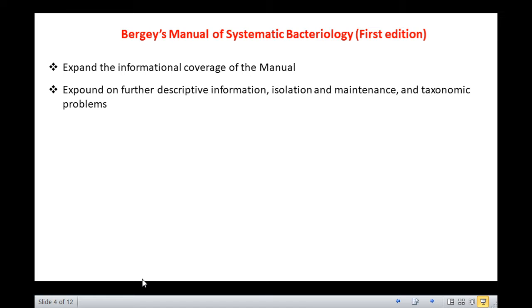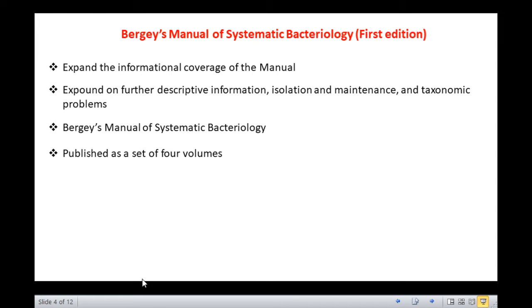This expansion demanded a more descriptive title, and it was decided to call the book Bergey's Manual of Systematic Bacteriology. The first edition of this manual was published as a set of 4 volumes.